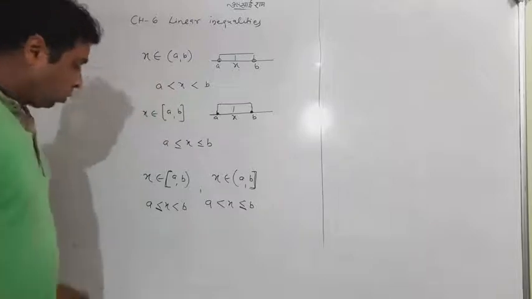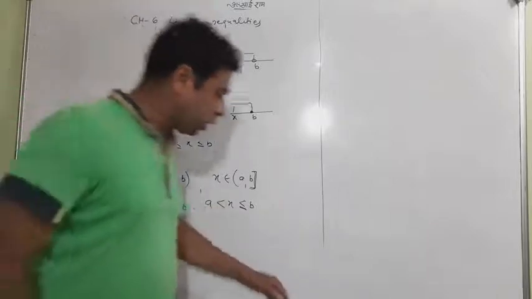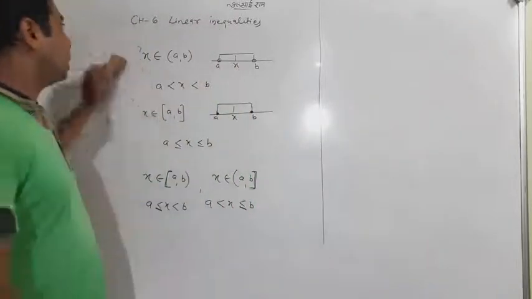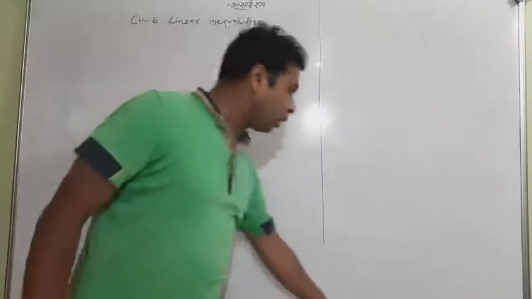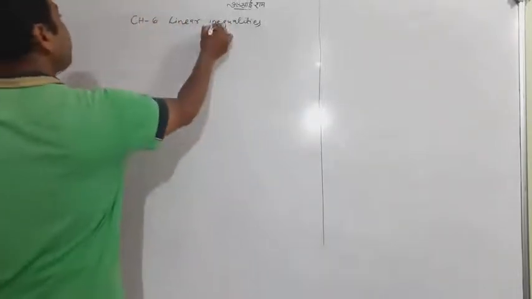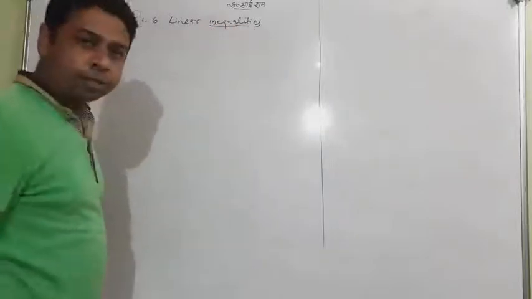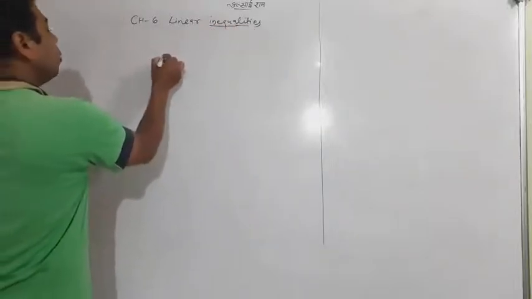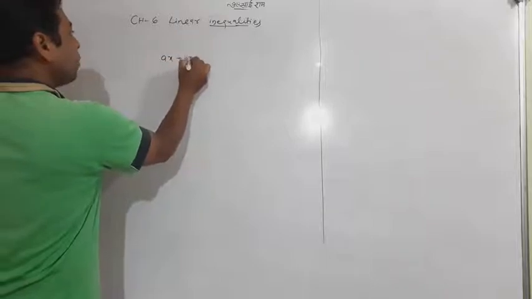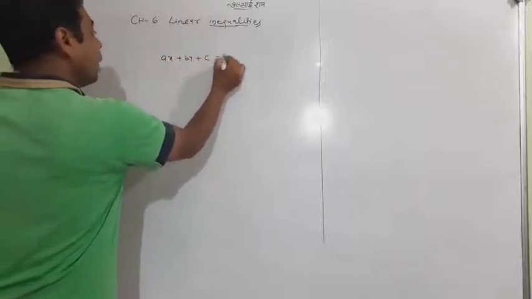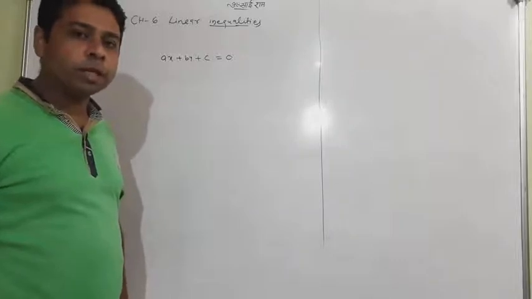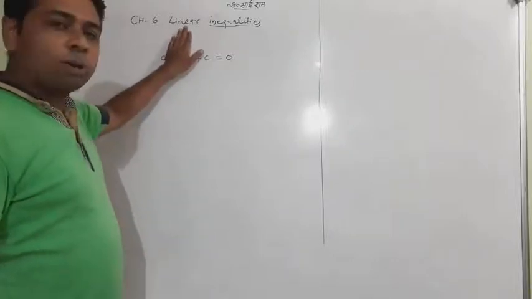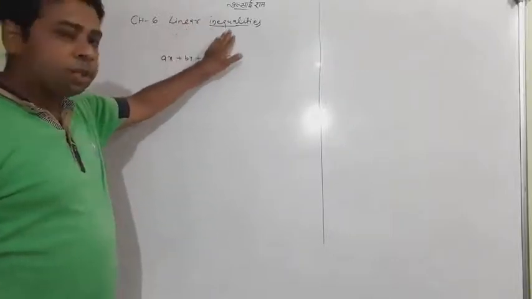Okay, this is very simple, and I've already taught you this, so I don't want to discuss it again and again. What is the word inequality doing here? Let me speak frankly about that word. Look at ax plus by plus c. When I write it like that, it is called a linear equation. Now I'm telling you about linear inequalities.